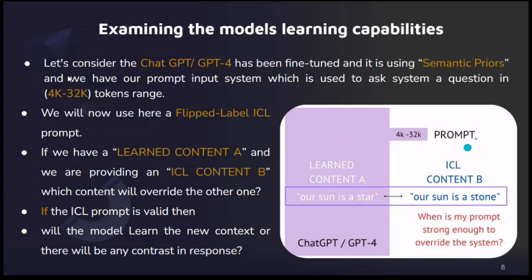You have to go deep to learn about these inputs and prompt mechanisms. Think of flipped label ICL as a way to force models to let go of their initial knowledge and adapt to the new context.